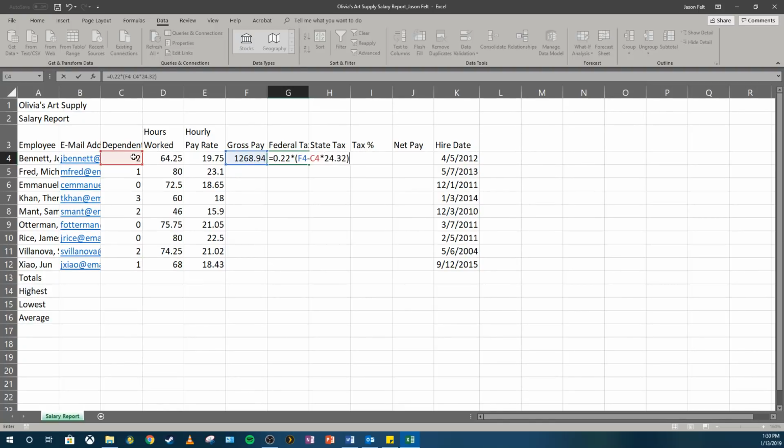So we have our formula here. Equals starts our formula, 0.22 is 22%, times the result of gross pay minus dependents times 24.32. And then press enter. So our federal tax is $268.47.